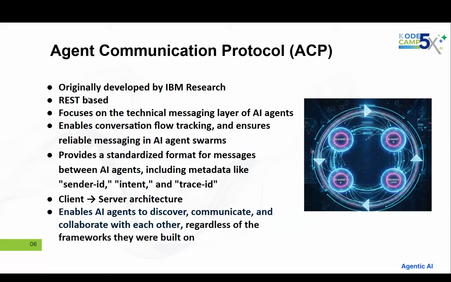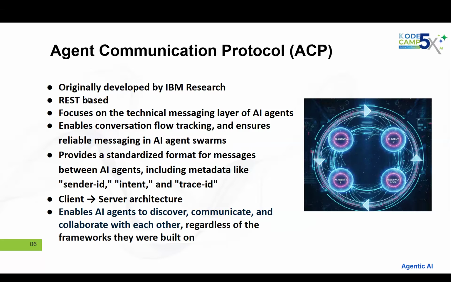And just like MCP, ACP also uses a client server architecture. So you have an ACP client and an ACP server. And ACP provides for agent discovery. It allows agents to communicate and collaborate with each other, even when they are built on different frameworks. Let's say one agent is built with LlamaIndex, the other one is built with LangChain or LangGraph.